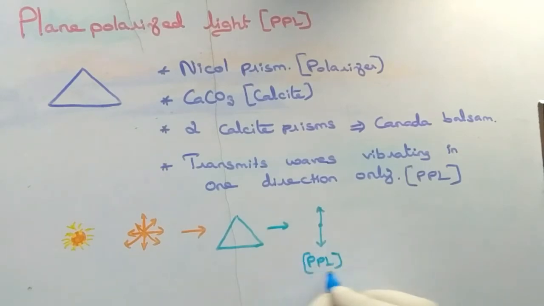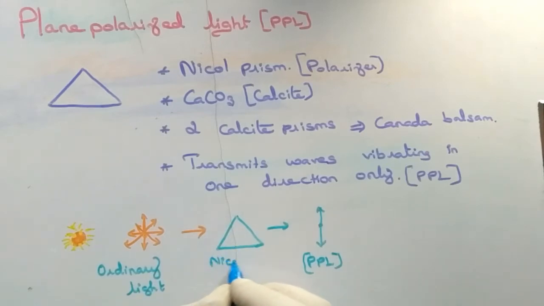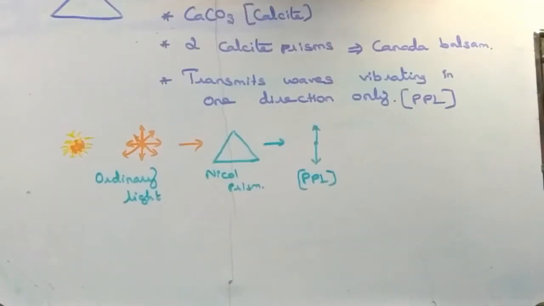So this is plane polarized light and this is ordinary light. Ordinary light passes through the nicol prism, and this is how plane polarized light is produced. Due to this behavior, nicol prism is called a polarizer.